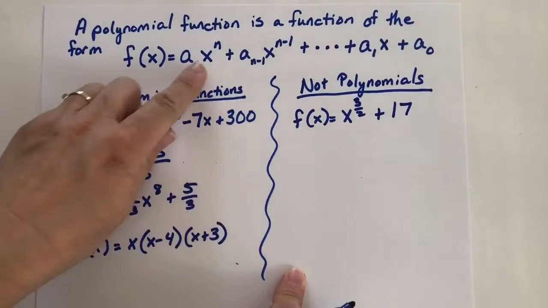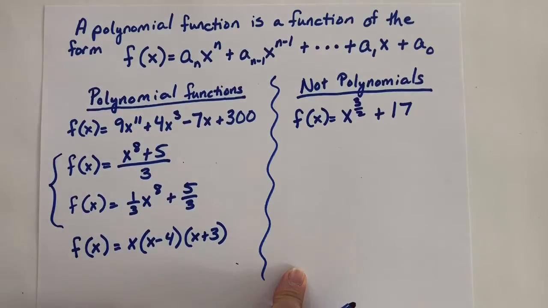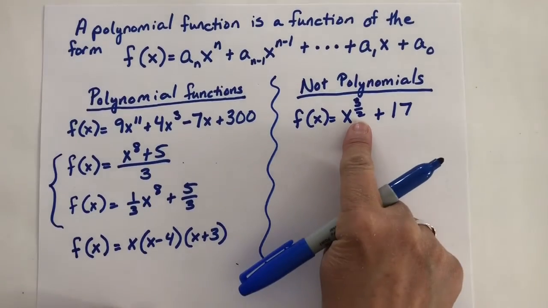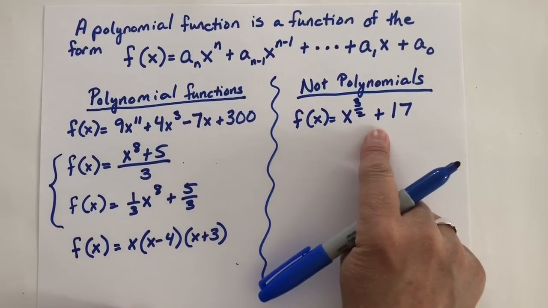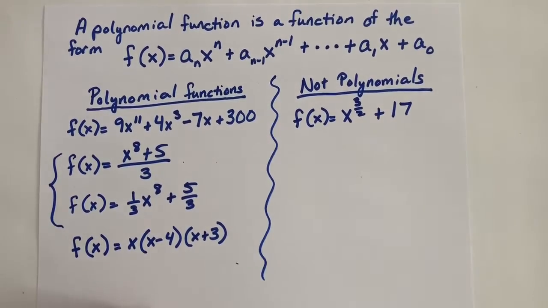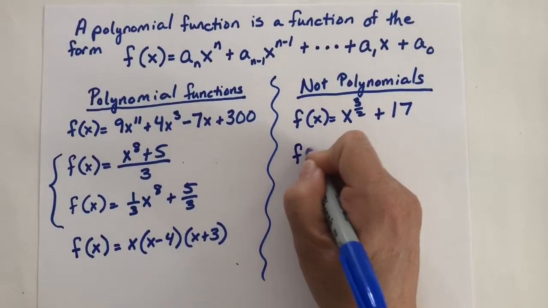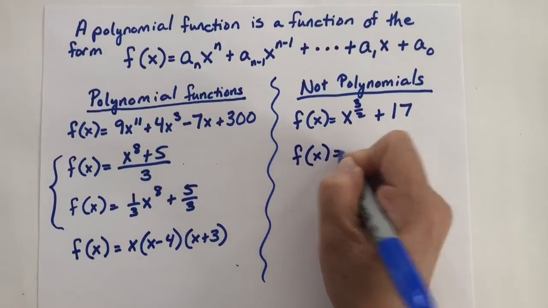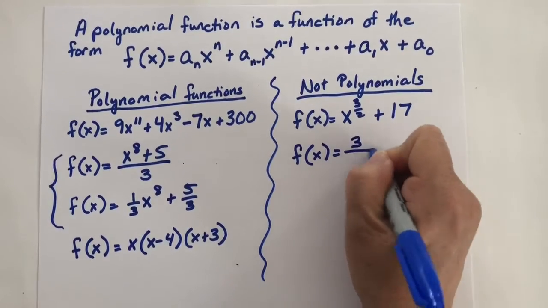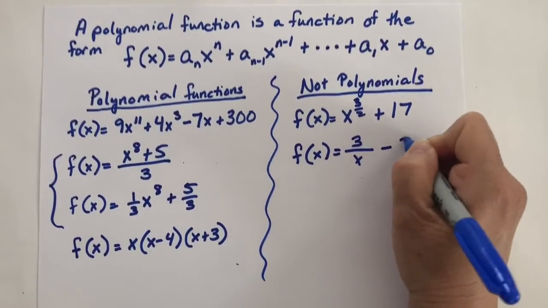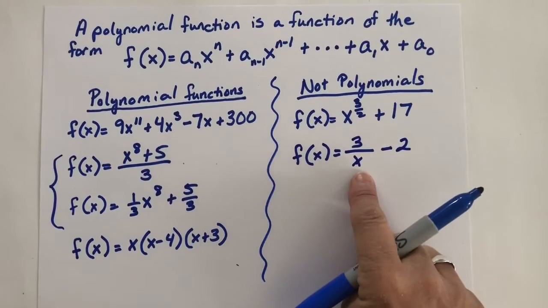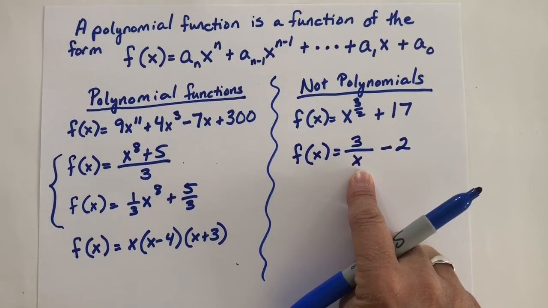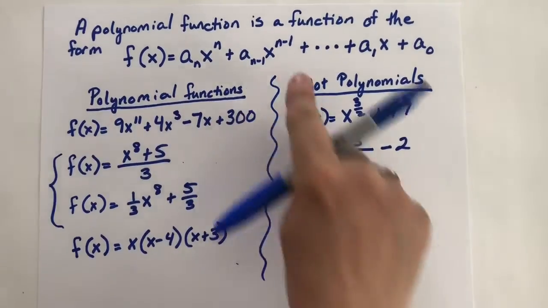Polynomial functions have exponents that are positive integers. So an exponent of 3/2 means that this is not a polynomial function. Here's another one. F of x equals 3 over x minus 2. Not a polynomial function because the variable is in the denominator. That's not allowed for polynomial functions.